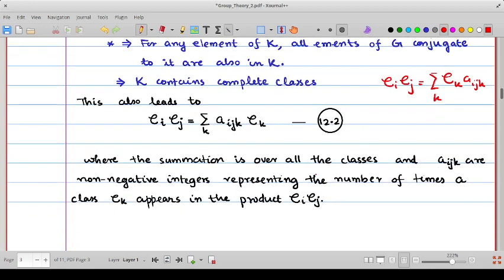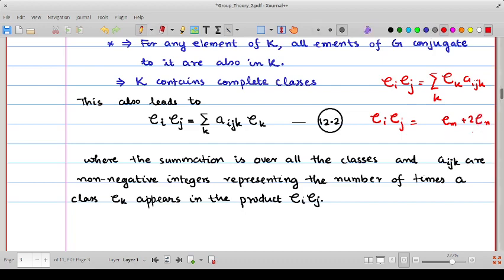So that's what I have done here. For example, if I take a product like Ci Cj, a particular class, say Cm may appear once and Cn may appear twice, then I can write it as Cm plus 2 times Cn.